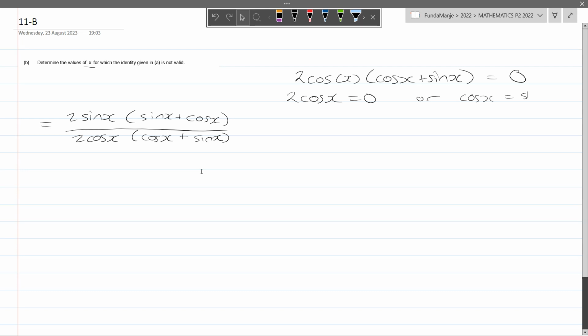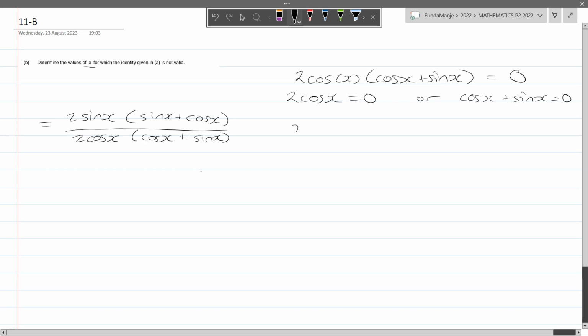Let's say cos x plus sine x, as it's given, is equal to 0. And then over here we can divide both sides by 2, and we can find the reference angle.